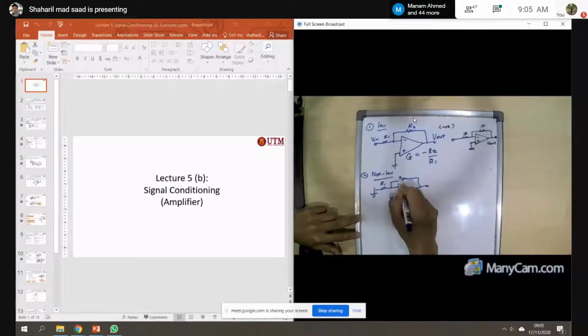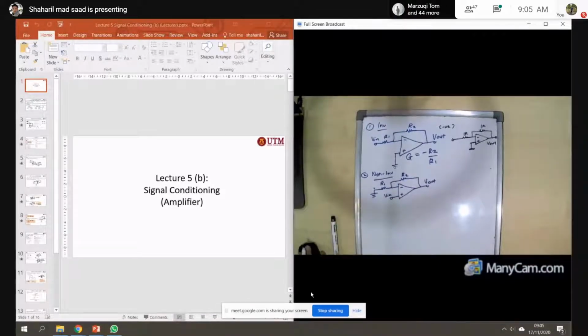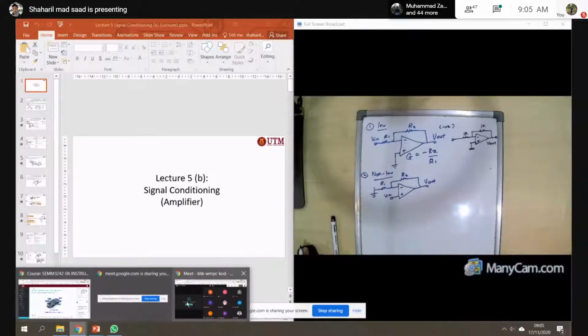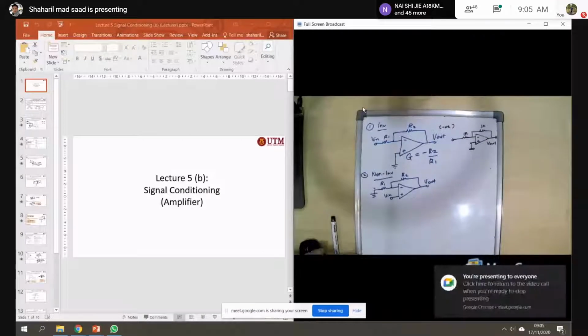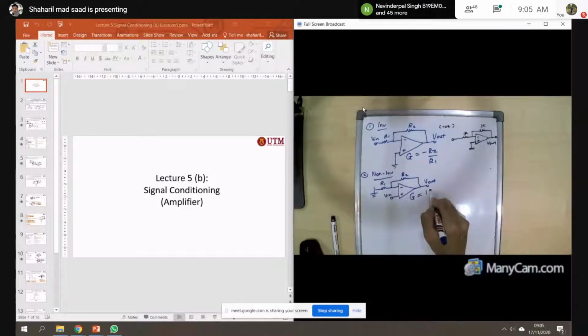So this one R1 and R2, Vout and Vin. Now the gain you get here is equal to 1 plus R2 divided by R1.